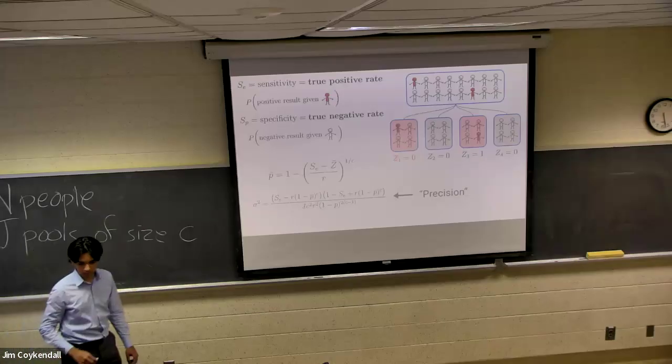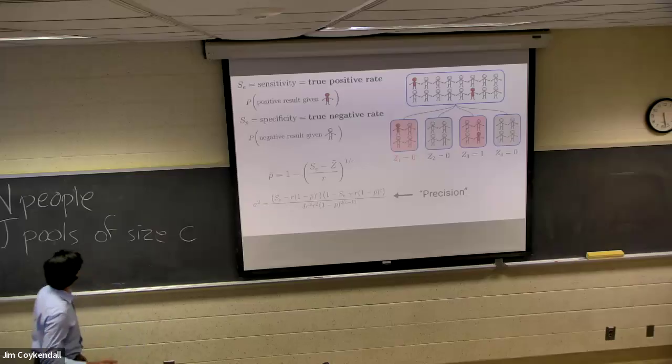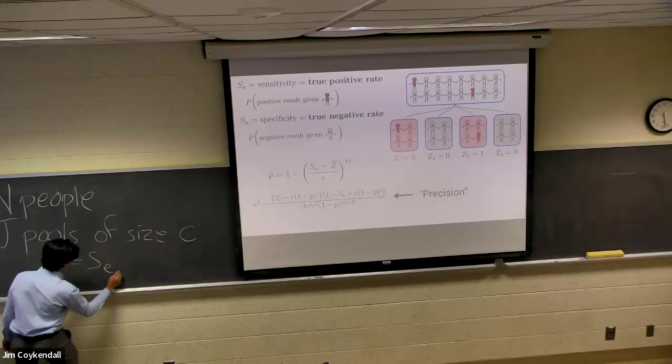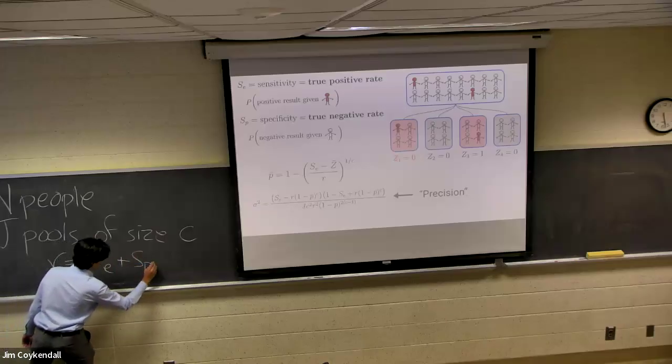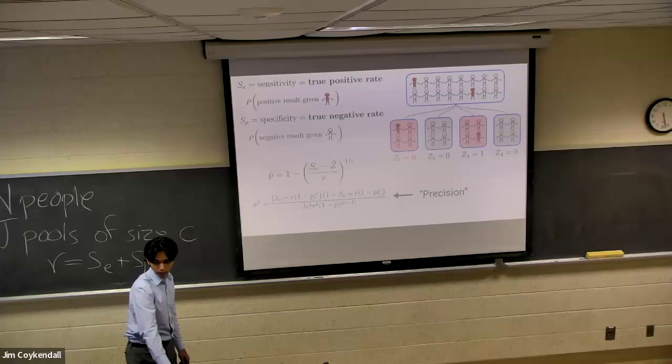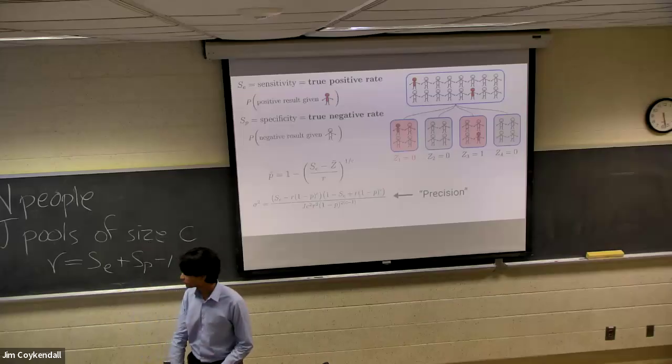Should have written it there. And R is a convenient quantity. It's a convenience quantity. That's how it's defined. If you're interested, I can talk more about it. Is that good? Okay.